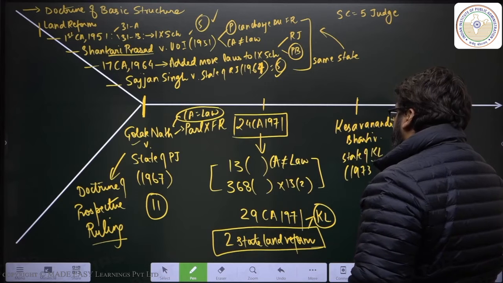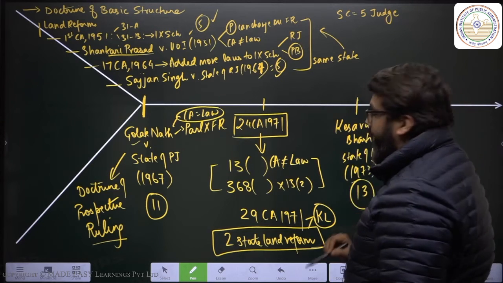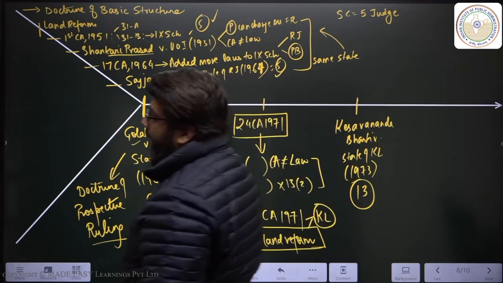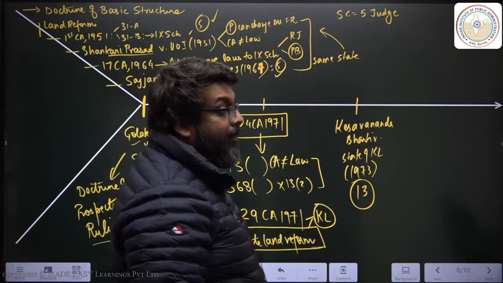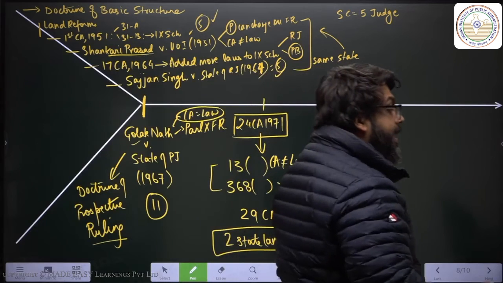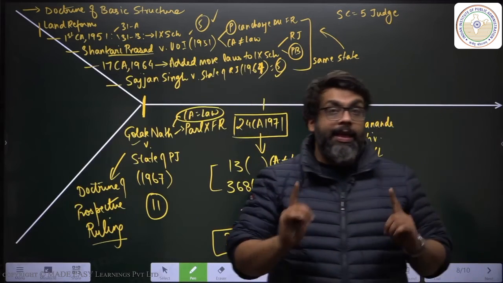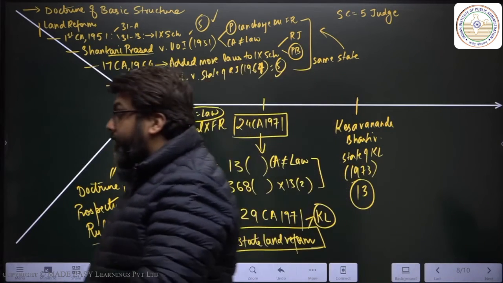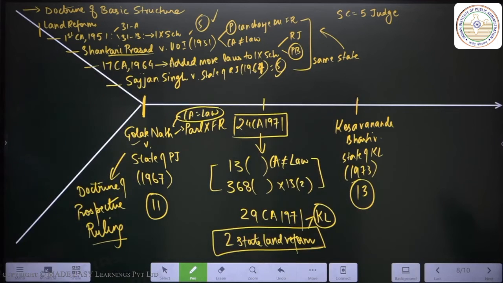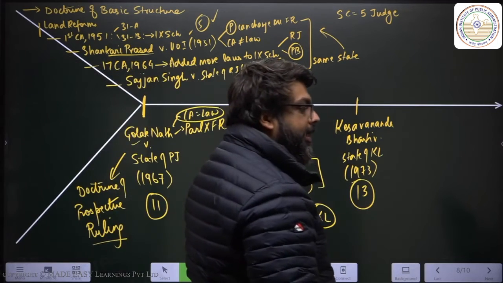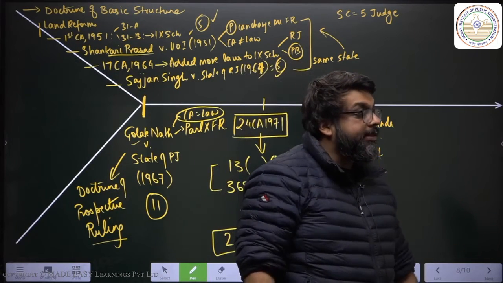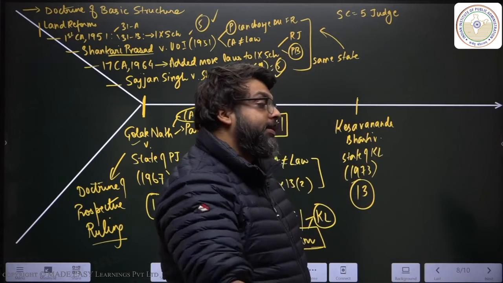1973. A 13-judge bench, highest ever recorded in the history of the country. A judgment which is one of the lengthiest written judgments in the history of the country. 800 plus pages, 4 lakh plus written words. Each of these 13 judges gave separate opinions.